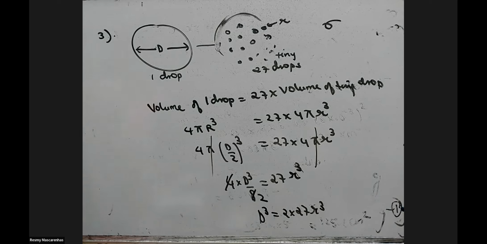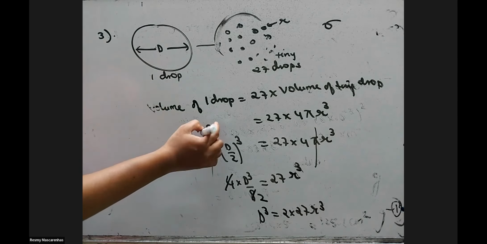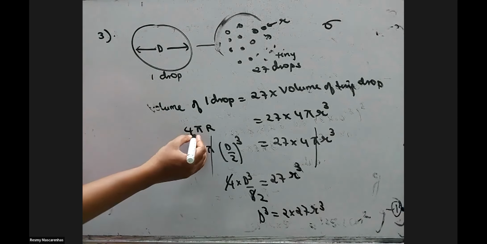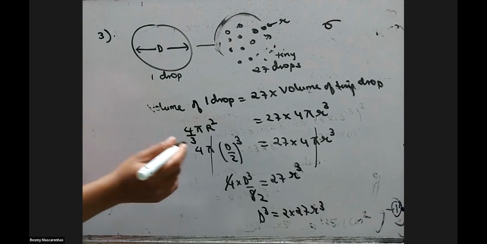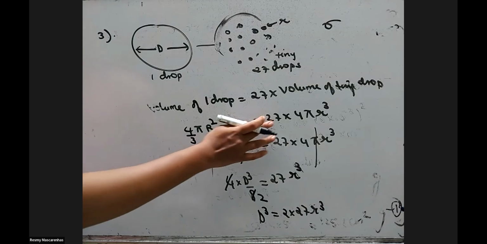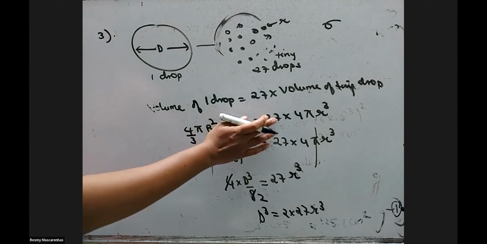By mistake I took 4 pi r square. You're considering the surface area, not the volume. Sorry, it's 4 by 3 pi r cube. Just correct the formula.